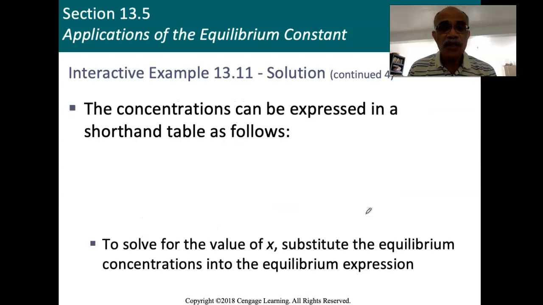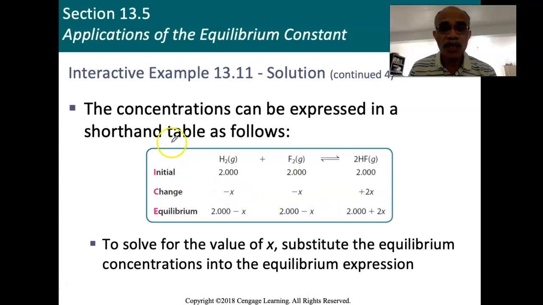So let's see that. The concentration can be expressed in a shorthand table as follows. And this is a very important table that we will be using in most of the problems that we will solve. Notice that the balanced equation is up here, and these are the initial quantity in concentration, mole per liter.